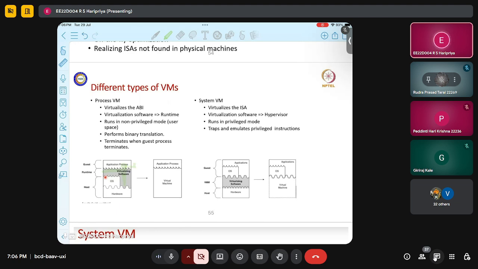Between the hardware and software, we have one ISA, and it virtualizes this ABI, the application binary interface, and the system. This is the process virtual machine and the system virtual machine. Here, the virtualization is after the operating system.